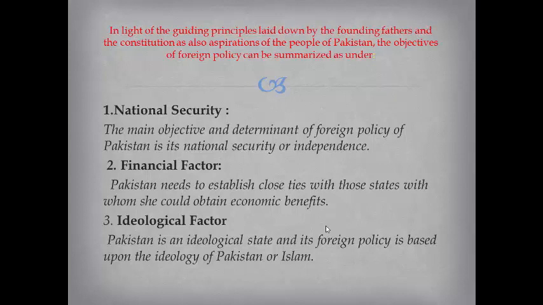Another factor was the financial factor. Pakistan needed to establish close ties with those states from whom she could obtain economic benefits.